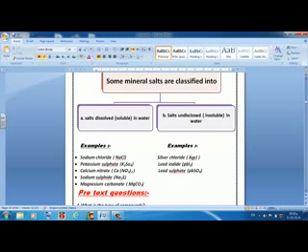Group A, salts which are dissolved in water, such as sodium chloride, potassium sulfate, calcium nitrate, sodium sulfide, magnesium carbonate. And group B, salts which are undissolved or insoluble in water, such as silver chloride, lead iodide, and lead sulfate.